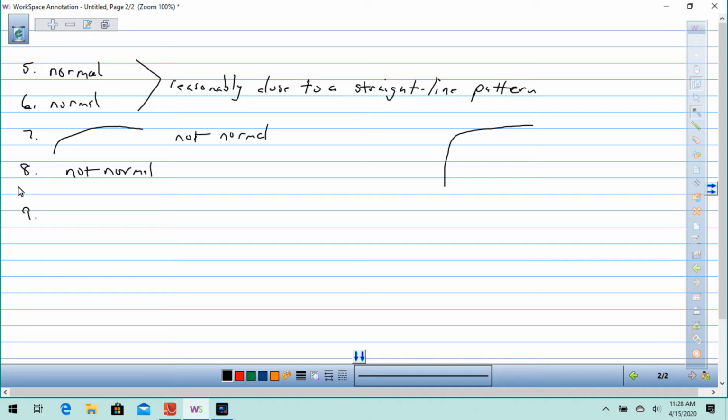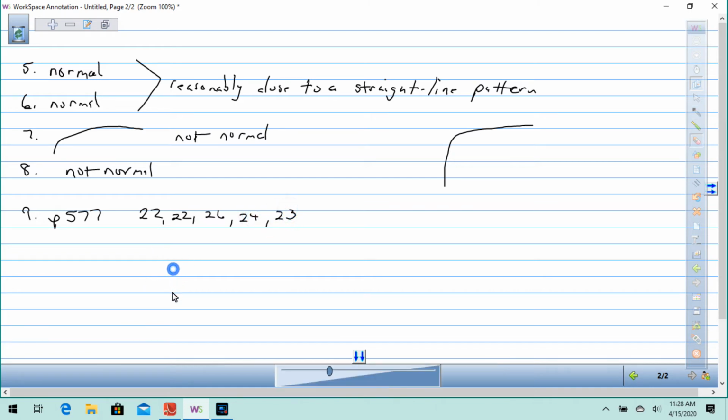So number 9, you can find that data on page 577: 22, 22, 22, 26, 24, and 23.